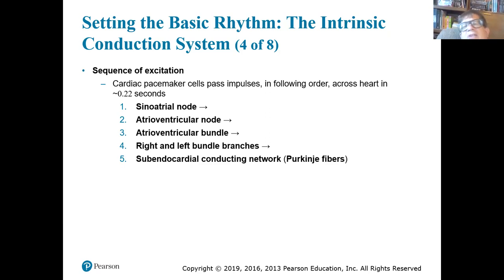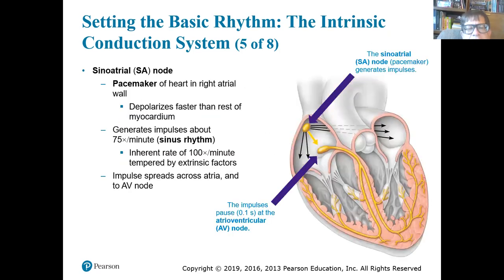The bigger wire has a lot less resistance. You can pump a lot of current through it fast. The reason these cells send the electrical signal through the heart so quickly is they're big diameter. Big diameter lets the signal go real quick. Anyway, but let's go through these.